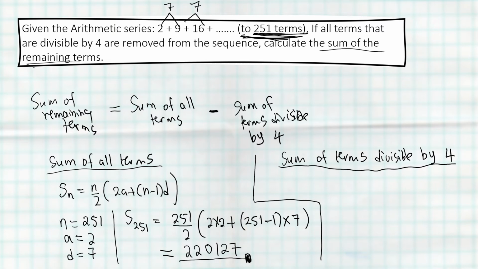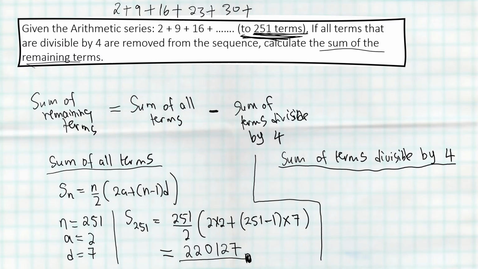You must first extract it from the original sequence you had, right? So our original sequence is 2 plus 9 plus 16, plus, if we add 7 as the common difference, 23, then 30.